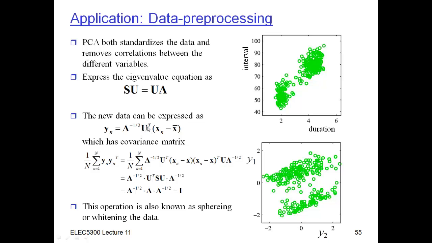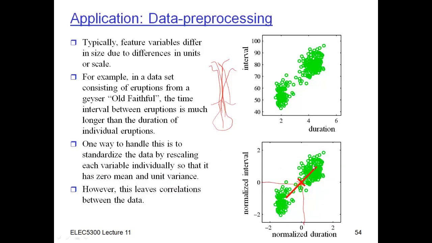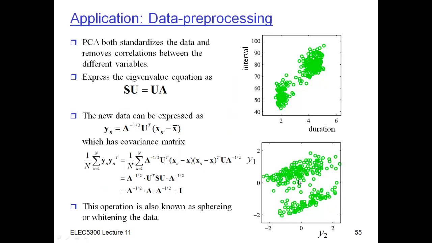So the first one might be the projection onto this component. The second one might be the projection onto this component. Right? Now, the first one is going to have a larger variance than the second one because it's the first principal component. And so in order to correct for that difference in the variance, I divide by the standard deviation for each principal component, which would be given by the diagonal matrix here, where the diagonal elements are the square root of the variance, or the standard deviation.